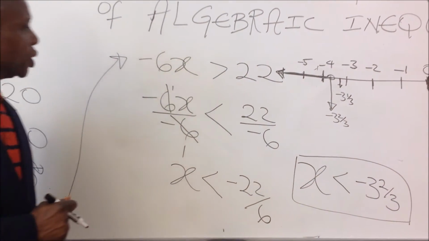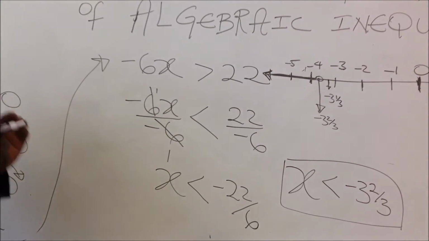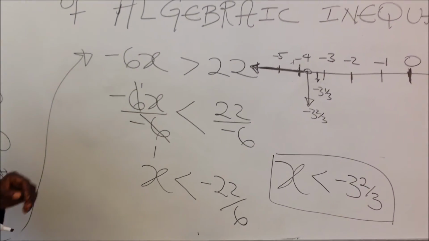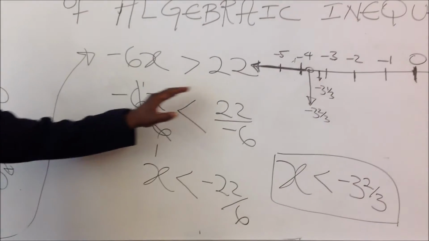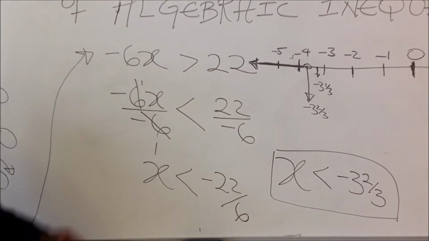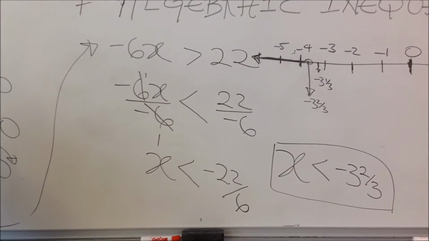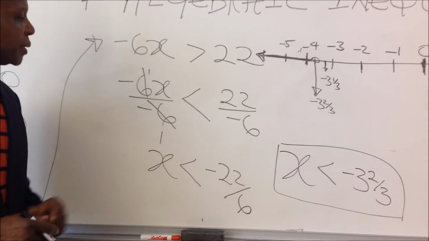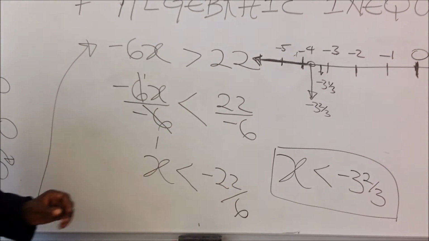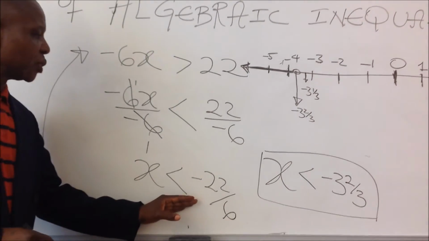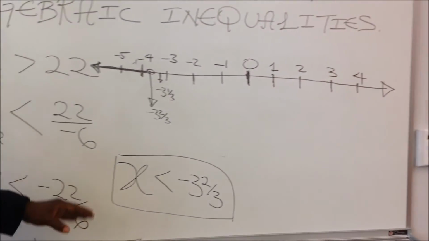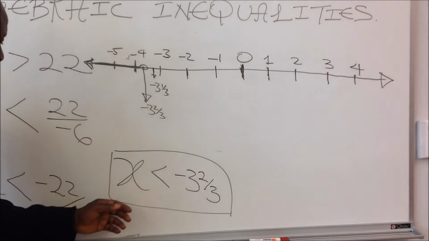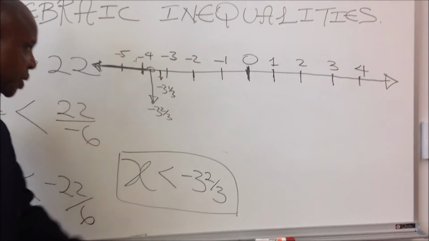But notice, the goal is to solve for x. So therefore, we must divide both sides by -6. However, because we're dividing by a negative quantity, we had to revise the inequality. And then we were able to obtain that x is less than -22/6, which is the same thing as what? -3 2/3.